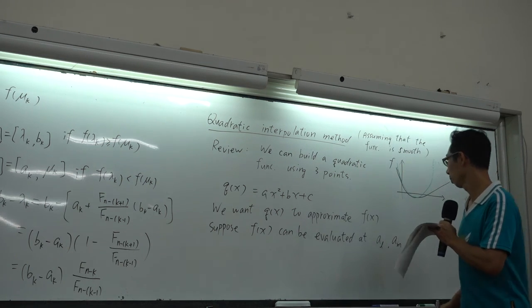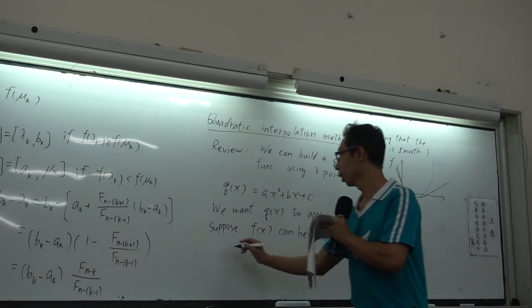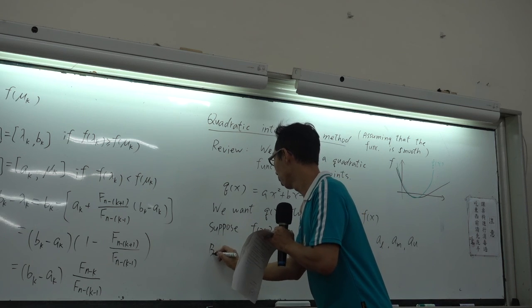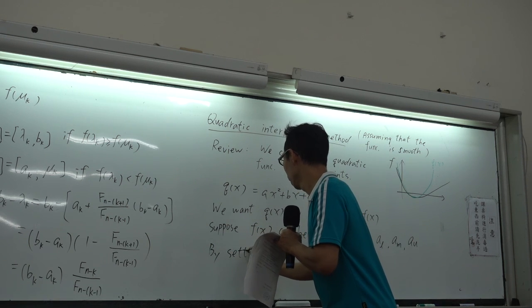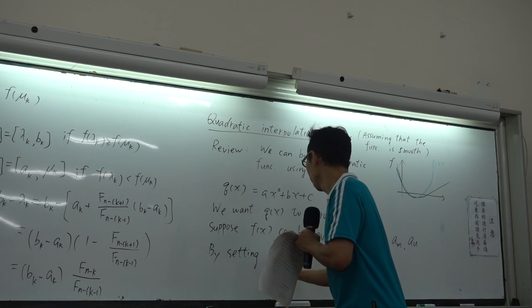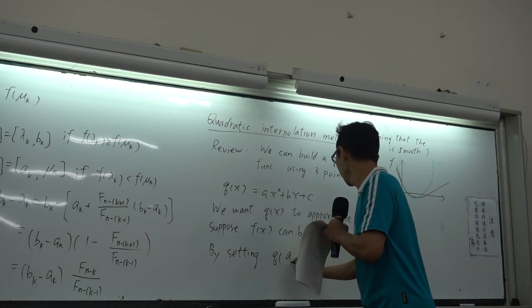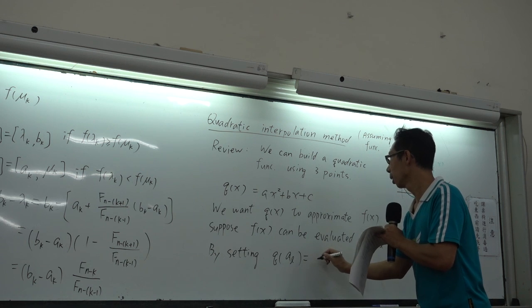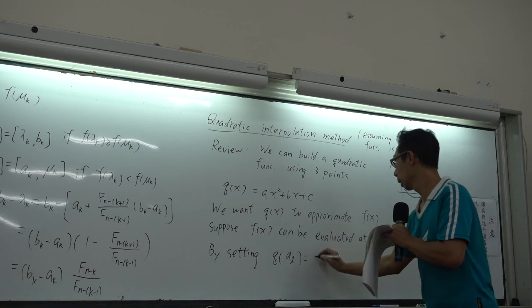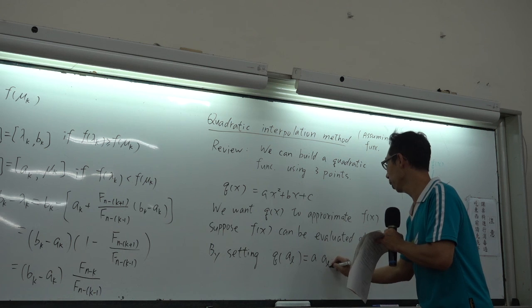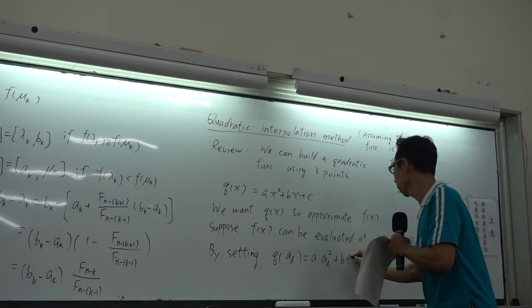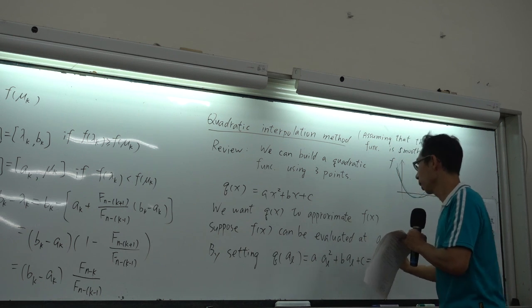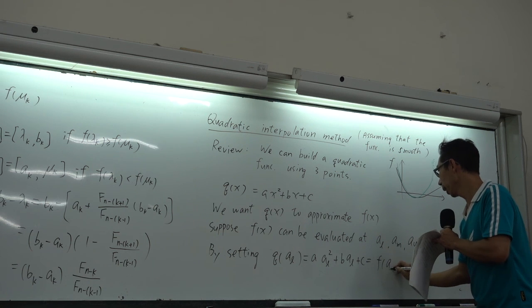Then by setting Q of AL equals A times AL squared plus B times AL plus C equals F of AL.